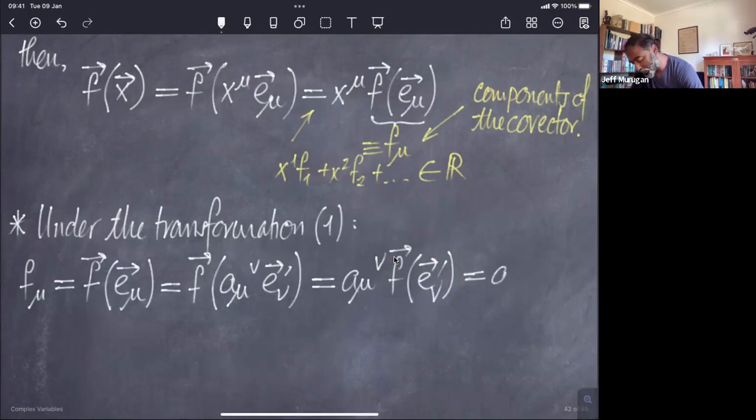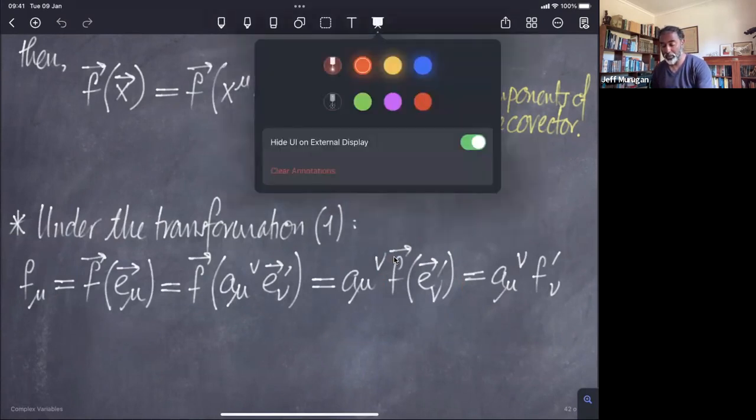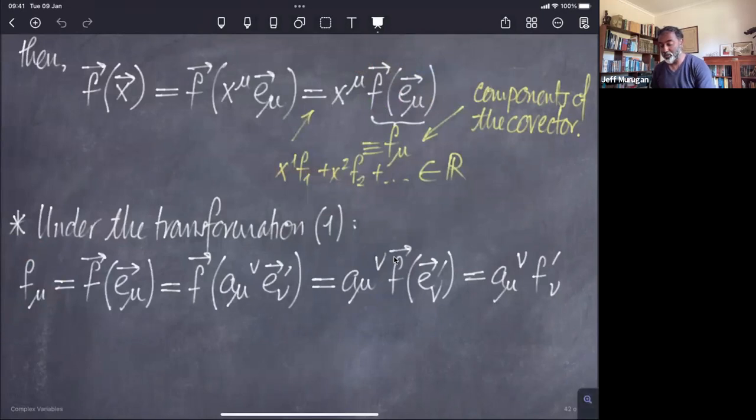So that's A mu nu, f prime nu. So now we know how the components of the covector transform. The unprimed components are expressed in terms of the primed components by the matrix A, not A inverse.